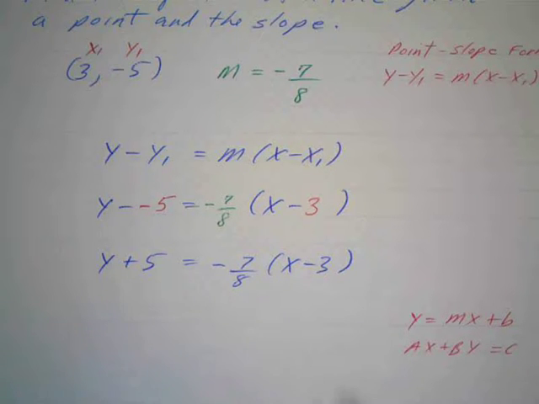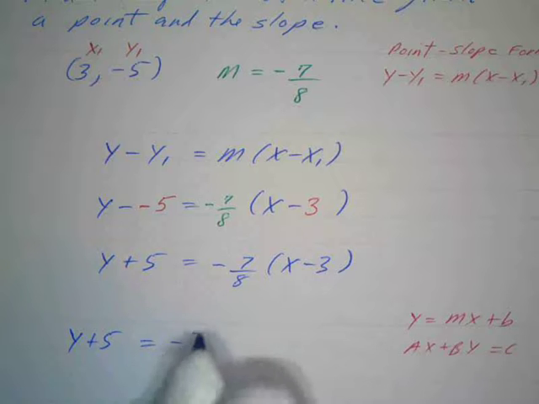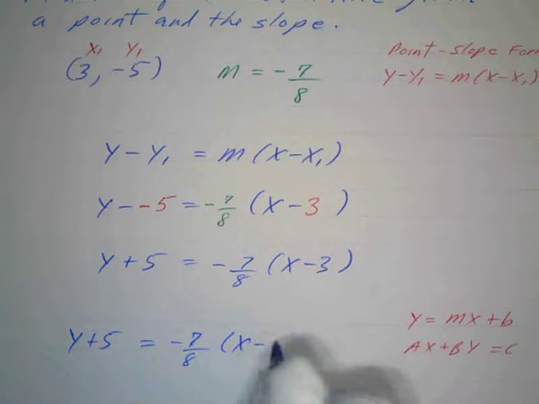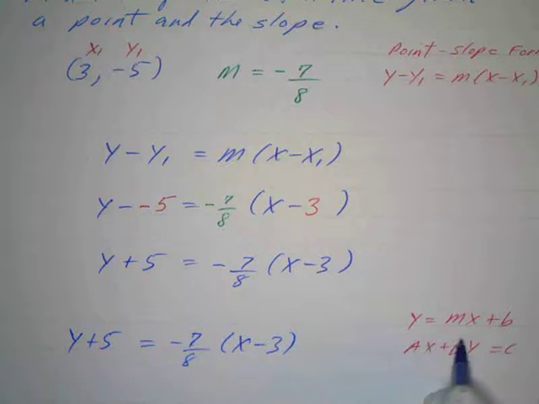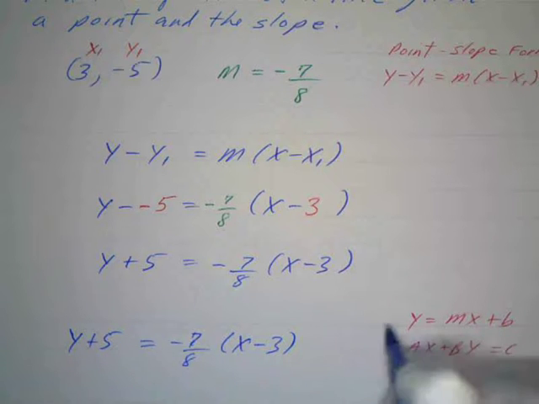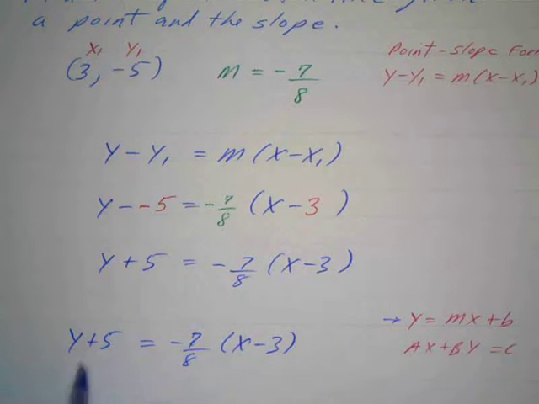So first of all, we would start over here. y plus 5 equals -7/8 times x minus 3. And I'm going to get it in this form. So all I have to do is subtract 5 from both sides.